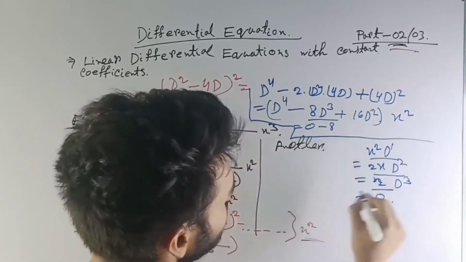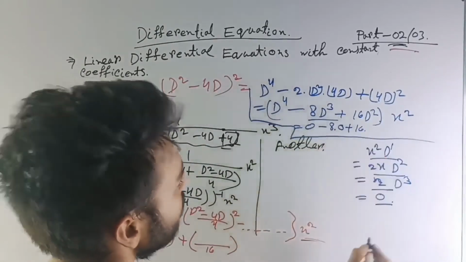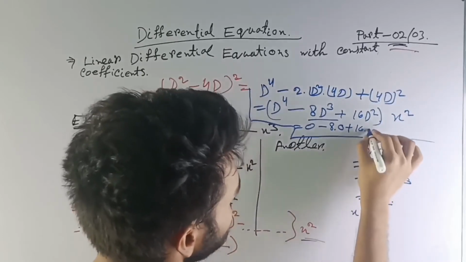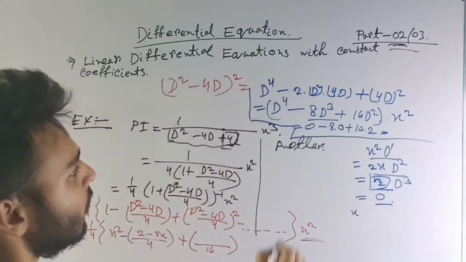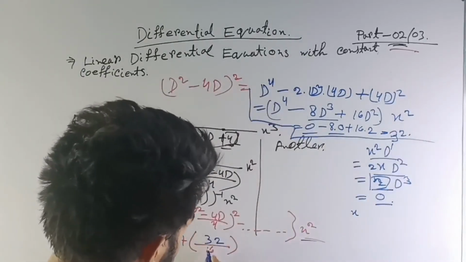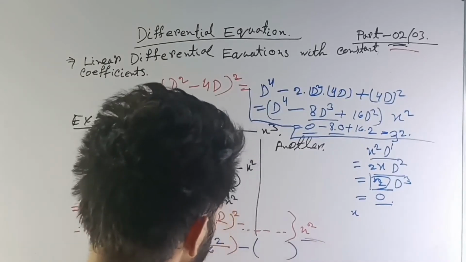So minus of 8, and here also watch this. So x square, that means 0, and this 16 times of x square, that means 2. So 32 is coming also. I know that the 32. So right here the 32 by 16 and minus of this.